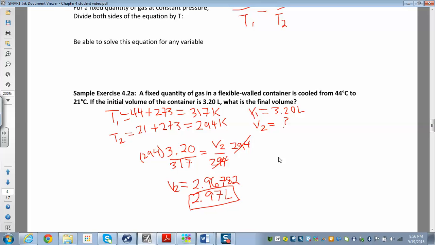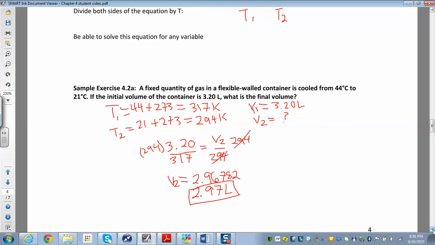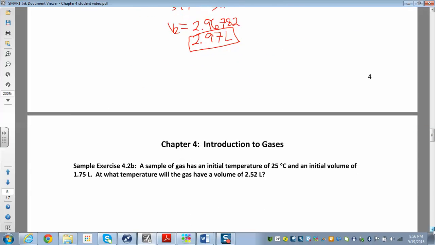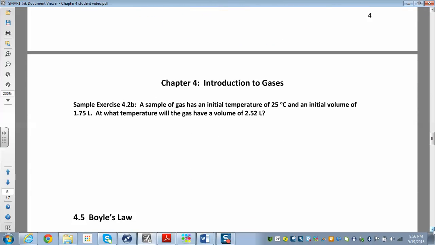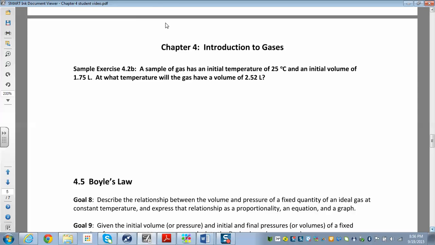Here's another example. Let's try one more. Let's see. So we have a sample of gas that has an initial temperature, so T1 here, 25 degrees Celsius. Do you like Celsius? No, you like Kelvin. So you're going to add 273 and 25. It's 298 Kelvin.